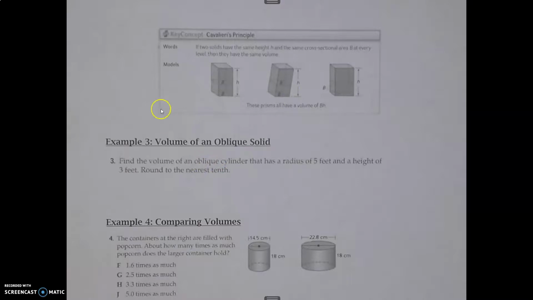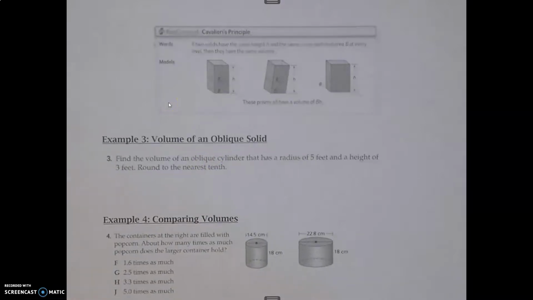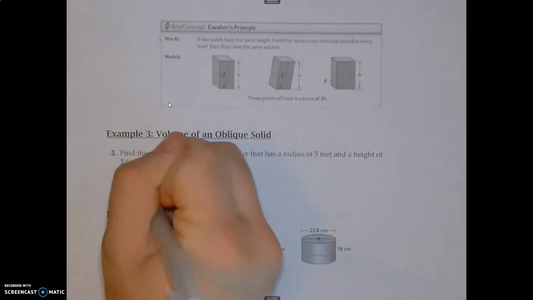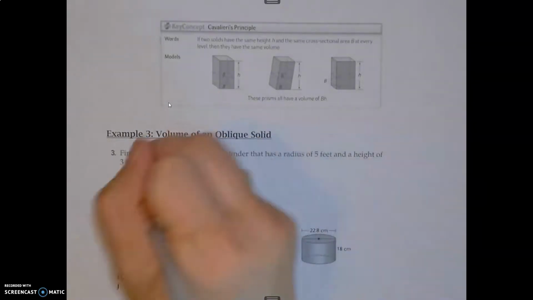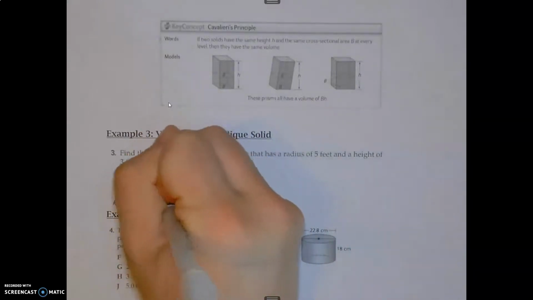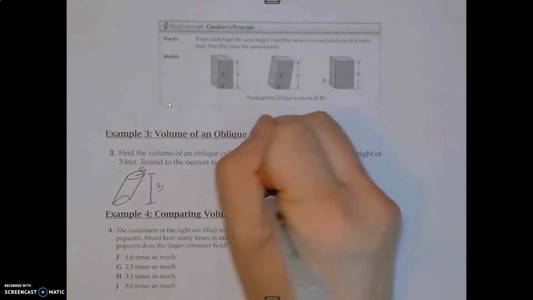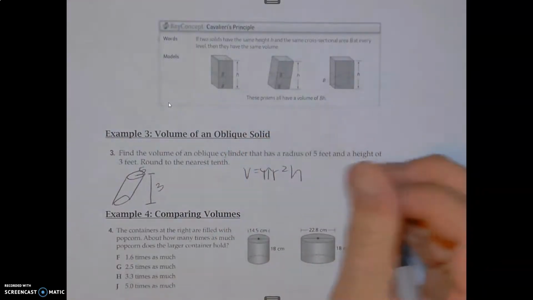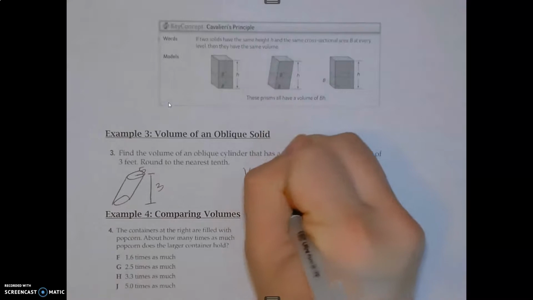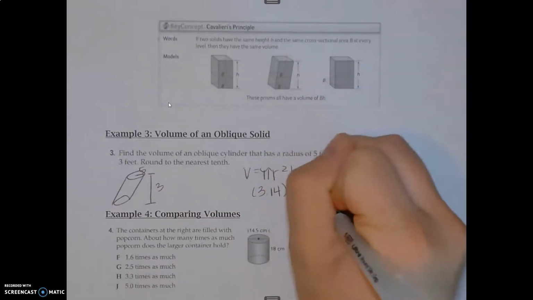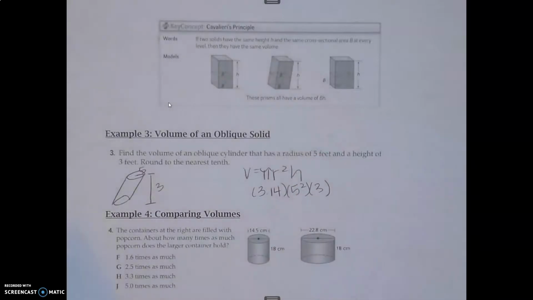So when we come down here, we have this volume of an oblique solid. So I'll have a cylinder that's kind of slanted a little bit. They gave me that the radius was 5, and that the height was 3. So again, I can substitute this into my formula, which is pi times radius squared times height. 3.14 times my radius squared times the height of 3.